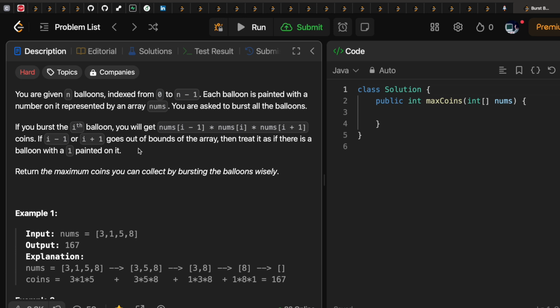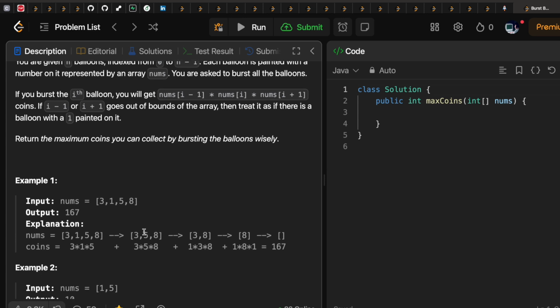Basically, let's suppose we burst this balloon 3, then i minus 1 is going out of bound, so we can take 1 on the left of 3. Similarly for 8 we can take a 1 on the right of the 8. The output for this particular case is 167.